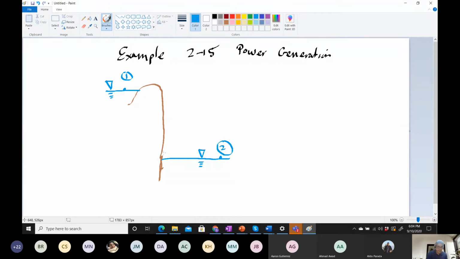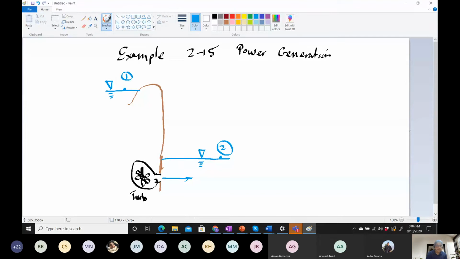All right. So what's happening is below the surface, there is some activity going on. Below the surface of the water, there's a turbine. This is a turbine, and water is coming out of that turbine.